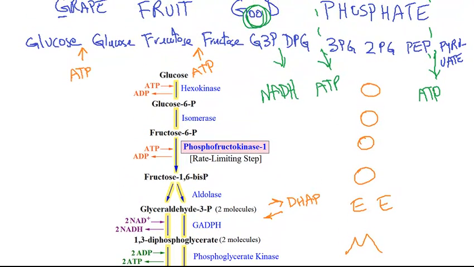So first we have the glucose here, and we all know that glucose is a 6-membered ring. Alright, we have an OH, OH, and an OH group.